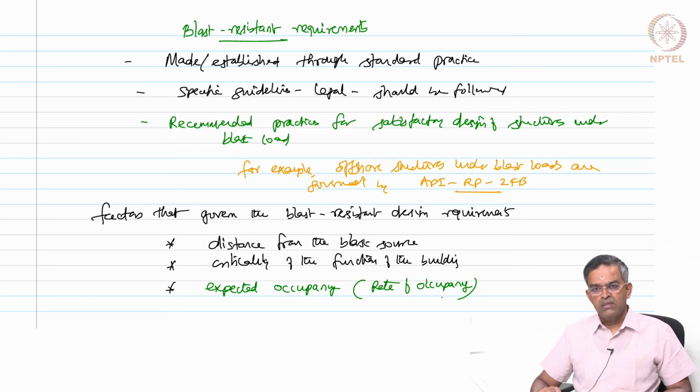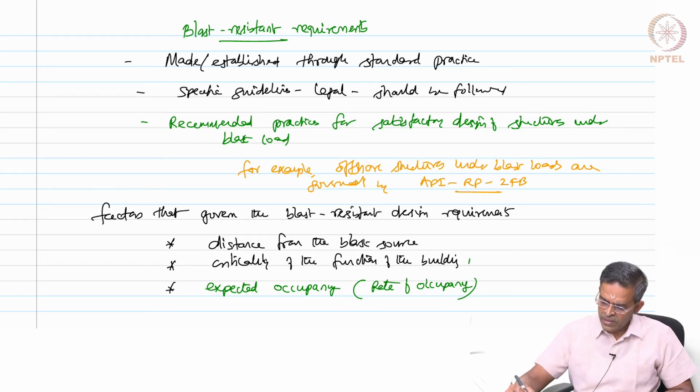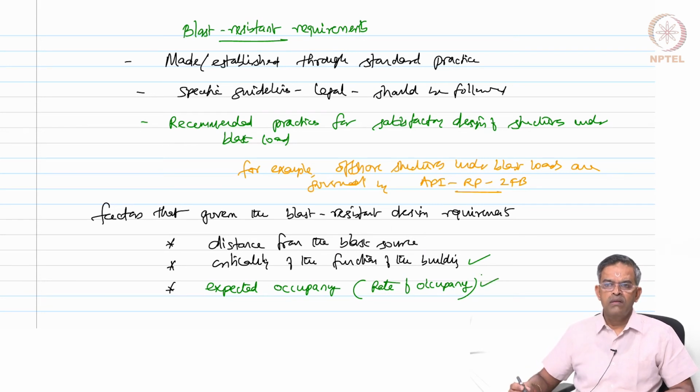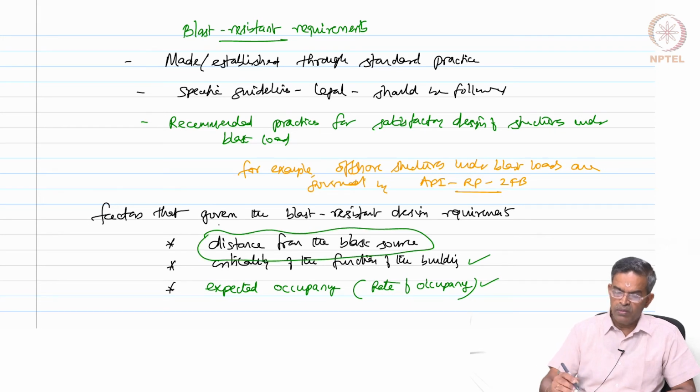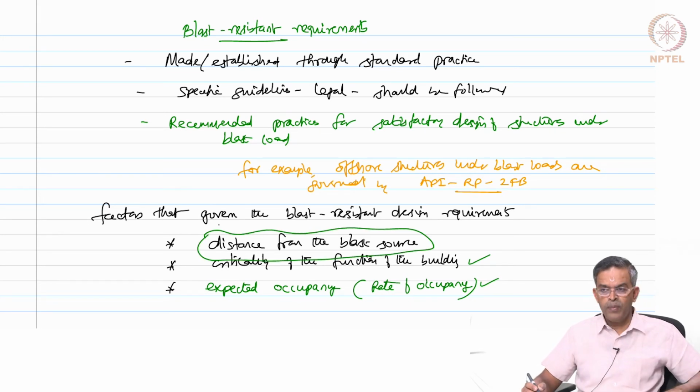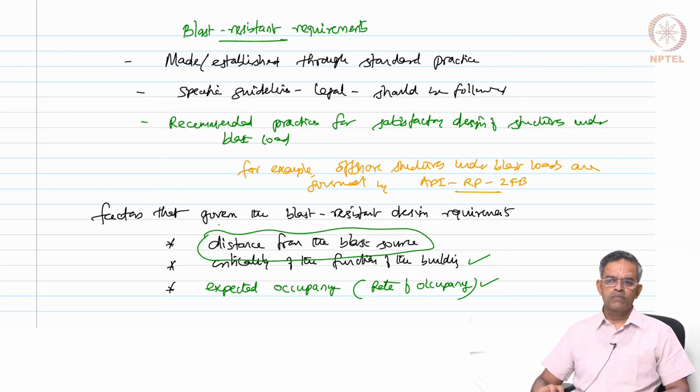There are structures where there is no occupancy, but there is storage of valuable equipments, for example, server units where computers are being kept and so on, which are very highly strategically important. So, criticality of function of the building, expected occupancy in terms of personnel, life and safety, and of course, the distance or location of the building from the probable epicenter of the blast source.